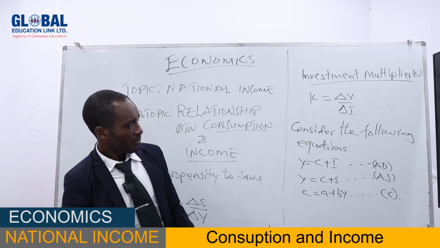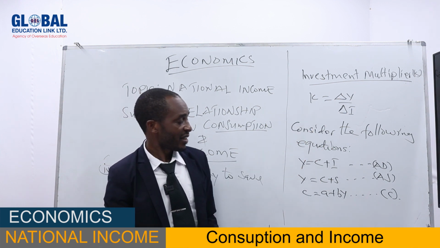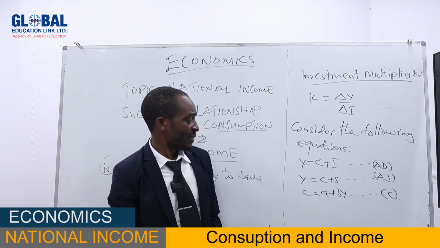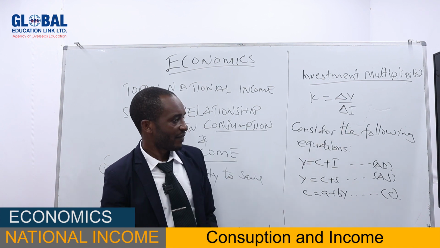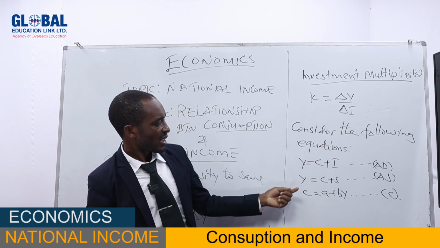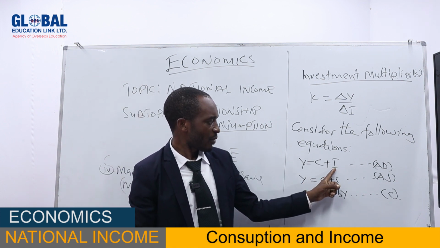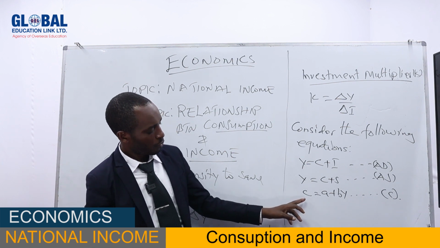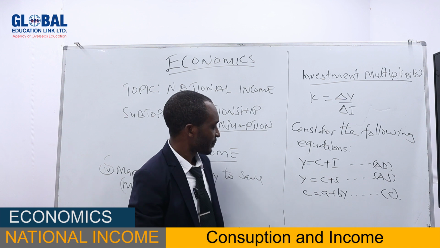From these three equations, we can derive the investment multiplier. As we said, the investment multiplier is the change in income as a result of change in investment. Now, consider the equation which has the variable investment. At the variable C, you need to substitute the consumption equation.